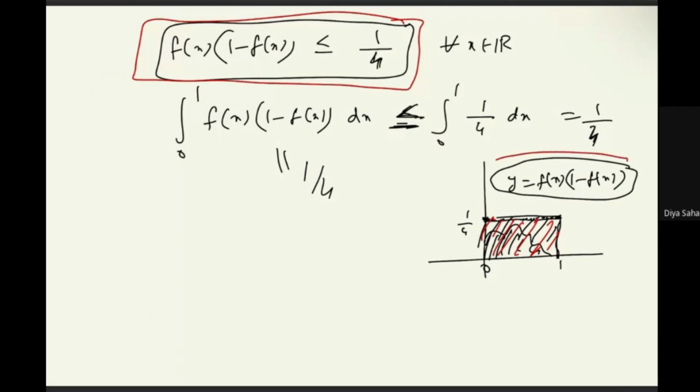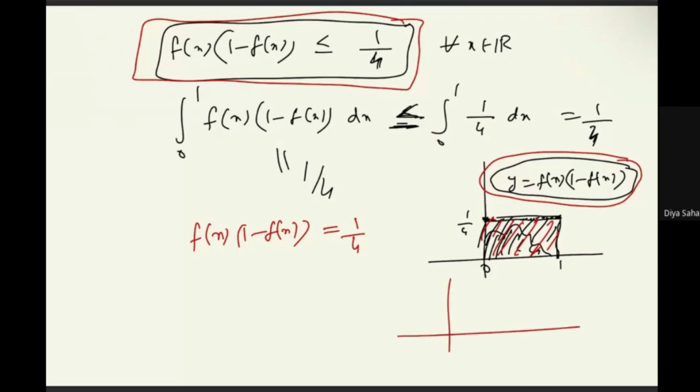We are using some facts, but is it clear? This f of x times 1 minus f of x should be 1/4, right? Because you use the continuity. Suppose it is not 1/4. Suppose it is less than 1/4 at some point.